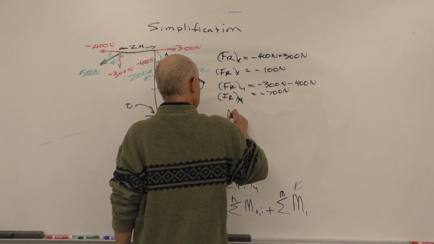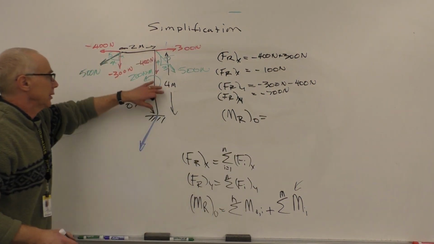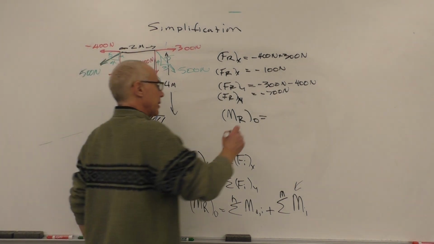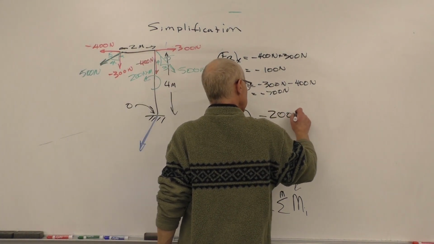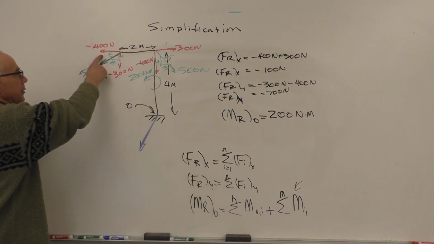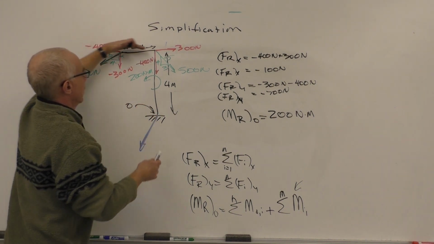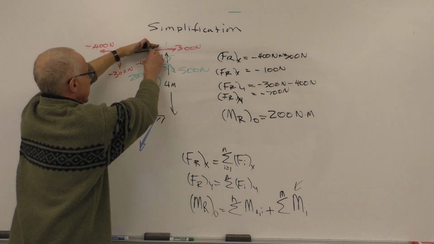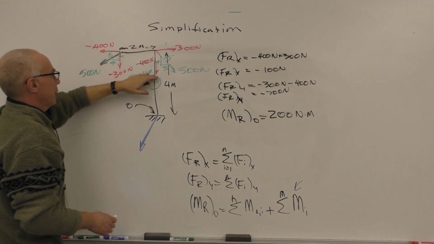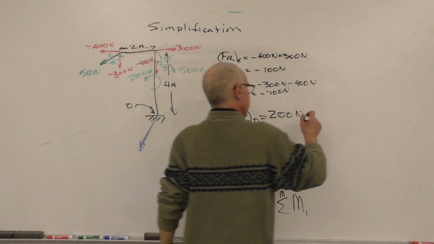So we have the moment M_R at point O equals, let's start with this one, 200 Newton meters. Counterclockwise, that's positive. How about this one here? We have 400 Newtons. And the moment arm, here's the line of action. Our perpendicular distance is 4 meters. So that'd be 1600. 400 times 4 is 1600. And it's turning counterclockwise, so it's positive.